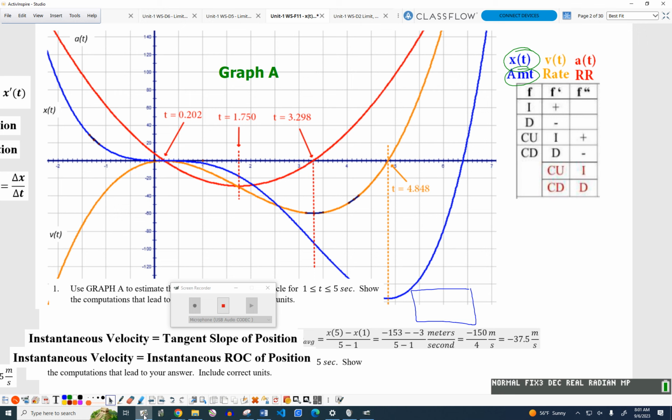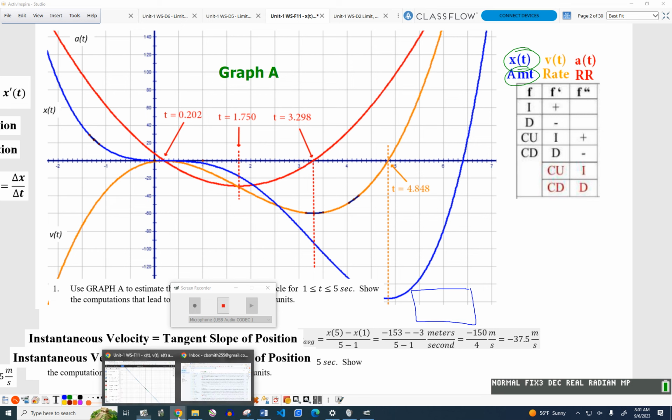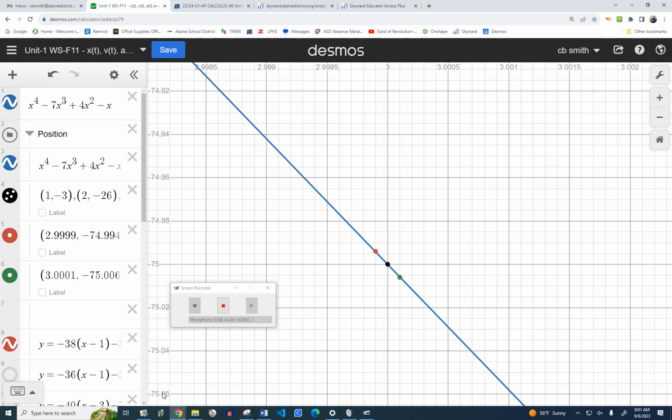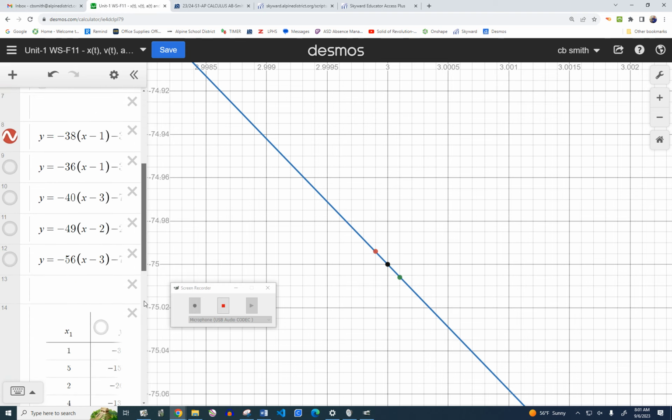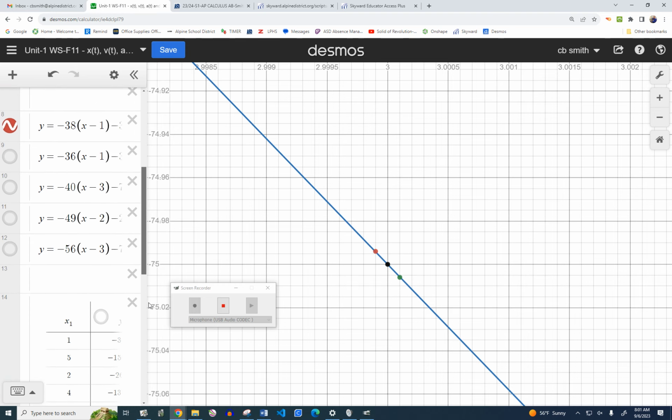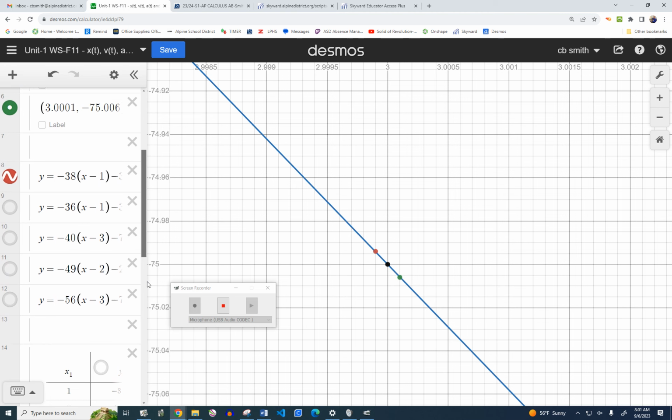So anyway, the velocity graph is created by doing that point by point. So if you go here, we turn back on the velocity. Let's see where we go.